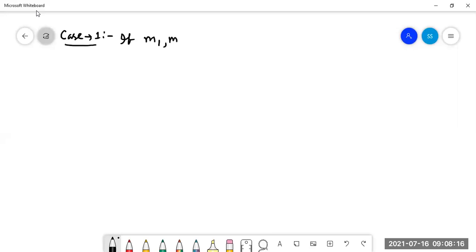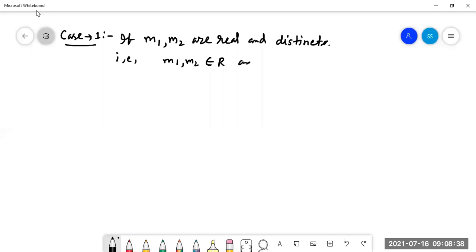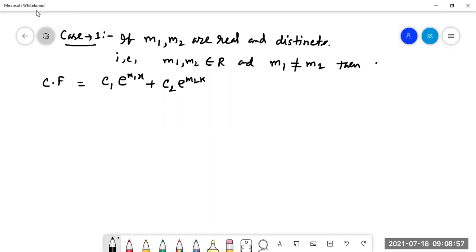If m1, m2 are real and distinct, that is m1, m2 belong to R and m1 is not equal to m2, then CF is equal to C1 e to the power m1x plus C2 e to the power m2x, where C1 and C2 are arbitrary constants.